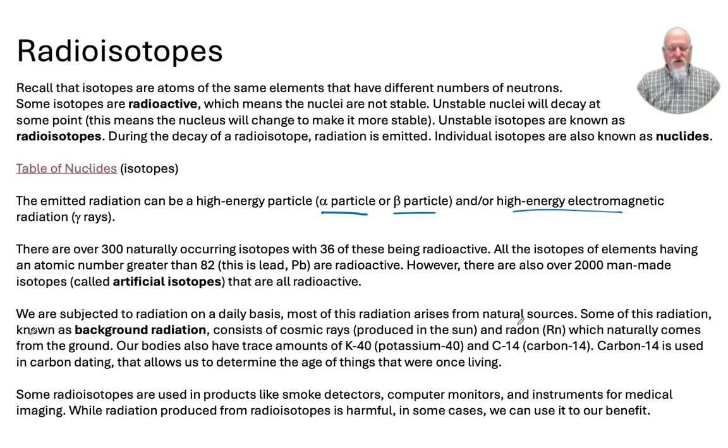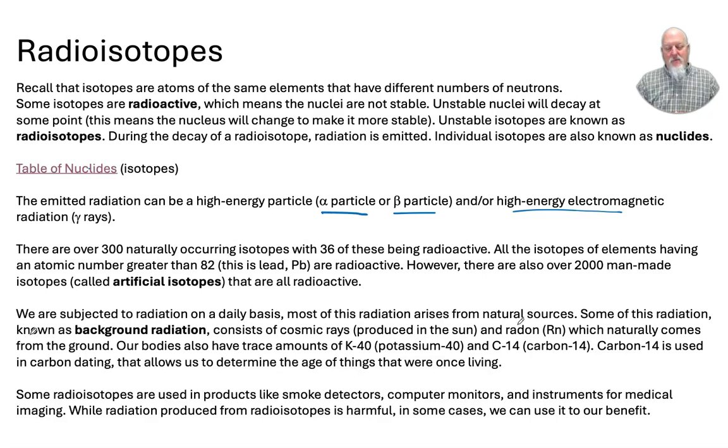All right, so in everyday living, as we walk around, we're going to get radiation hitting us. There's nothing we can do about it. There are naturally occurring radioactive isotopes that exist not only in our bodies, but just in the earth. So this radioactive decay is going to produce alpha and beta particles and gamma rays, and our body is going to feel some of that just because it's a natural process.